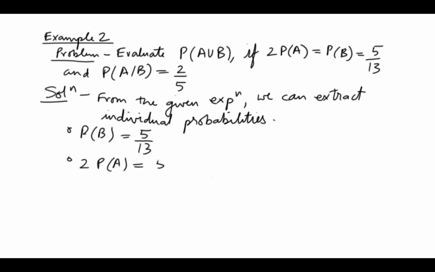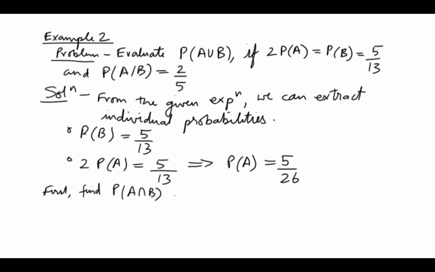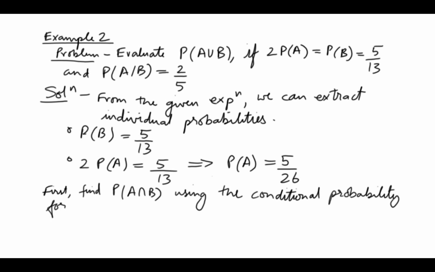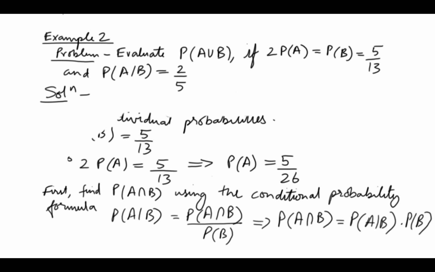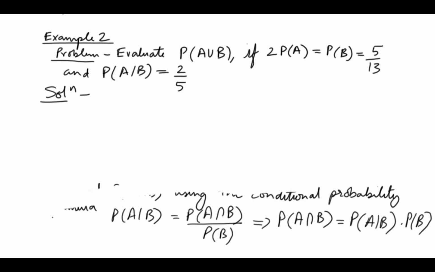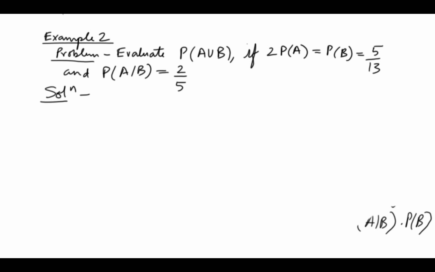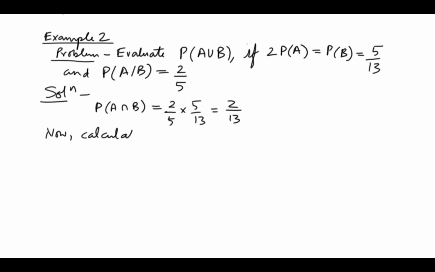From the given expression we can extract the individual probabilities, the probability of A and the probability of B. Again, using the conditional probability formula, we have to calculate the probability of A intersection B first, so that we can use it for the probability of A union B. It is 2 by 5 into 5 by 13 equals 2 by 13. 5 cancels out.